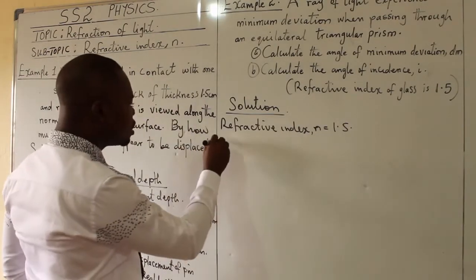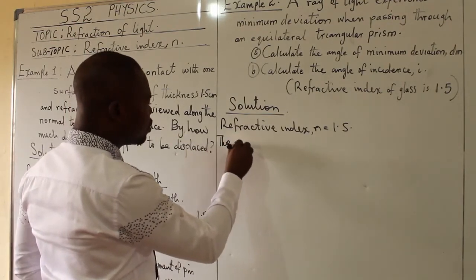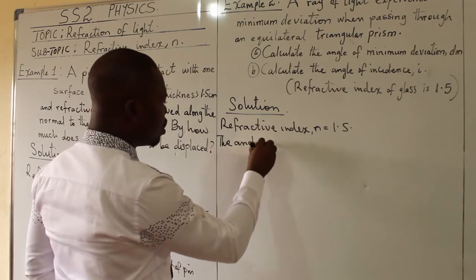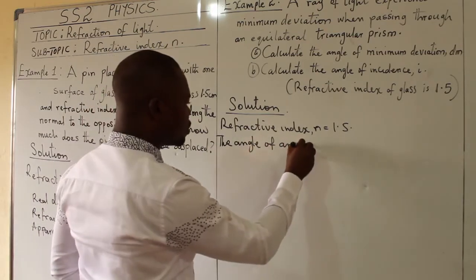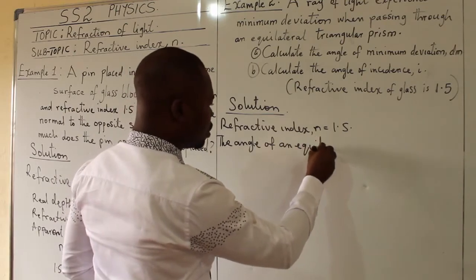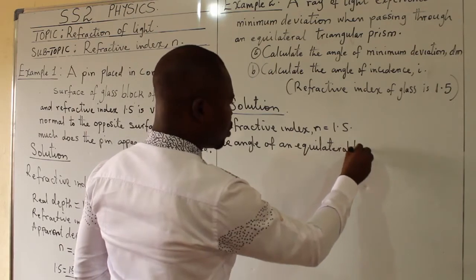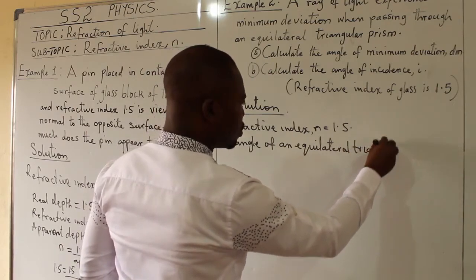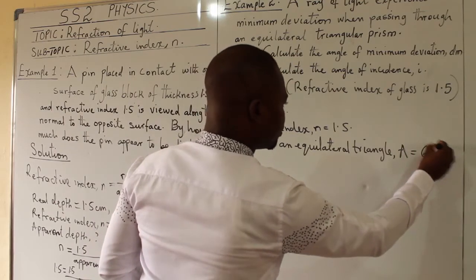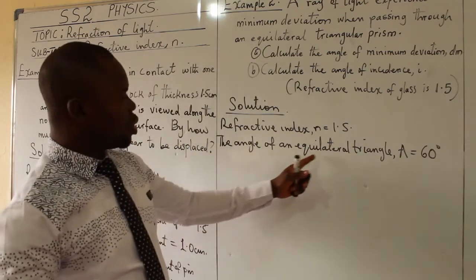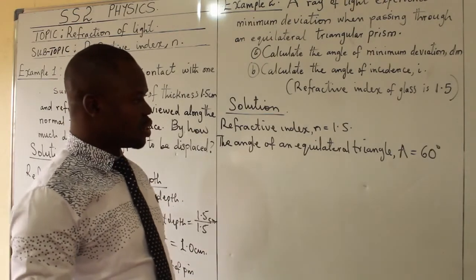Now the angle of an equilateral triangle, A, is 60 degrees. Equilateral triangle, each of the angles is 60 degrees.